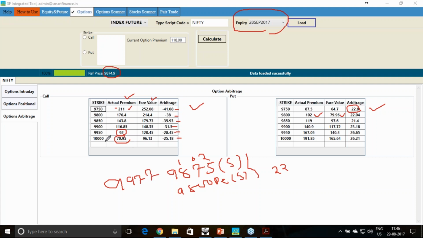So let us add specific call options. Here, if I am adding two lots of call options, say 9950 call options or 10,000 call options. Say 9950 call option, I am adding two lots, 92 into 2. So if I add it here, I am getting 104, so 184 rupees I am paying.